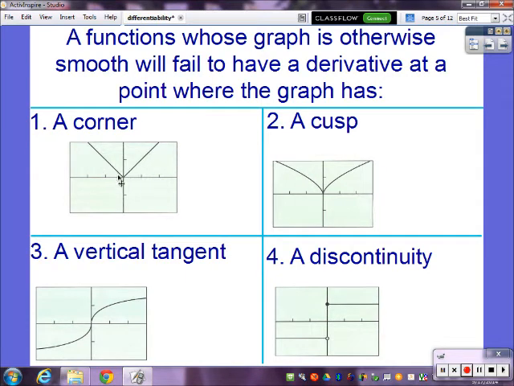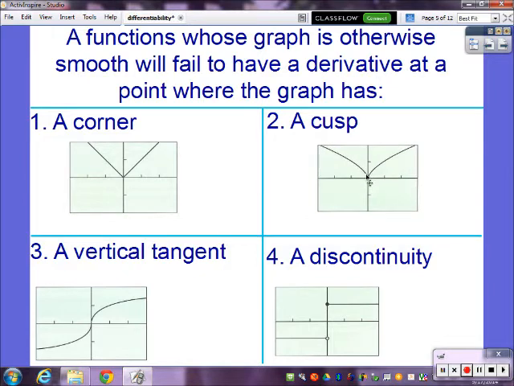So at x equals 0, to the left my derivative will be negative because the slope is negative, and from the right my derivative will be positive. There's no way that those left and right hand limits could be equal. So a corner is a place where a derivative does not exist. So we would say that this function here is not differentiable at x equals 0.